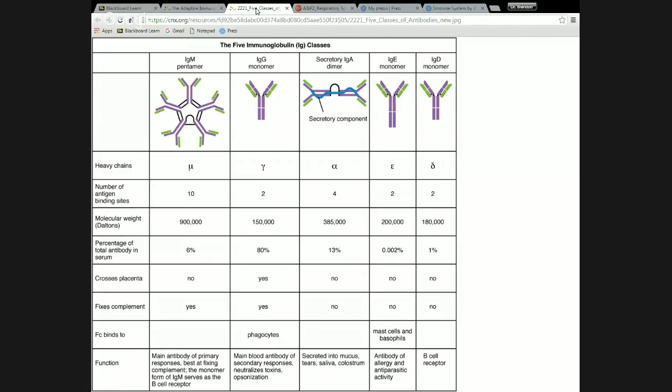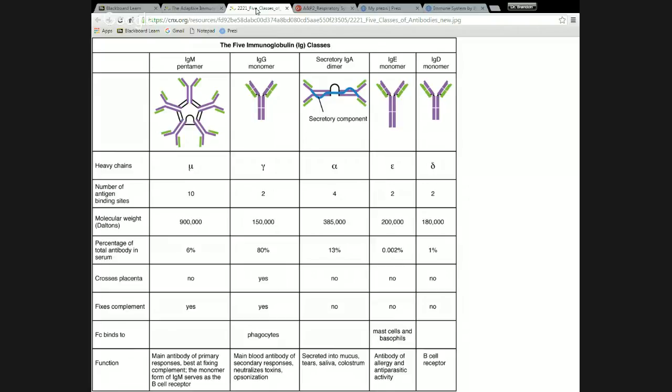The IgEs are similar. They're also antibody receptors on the surface of cells, just not on B cells that are making them, but rather they're secreted by plasma cells, and they work their way into the membrane of mast cells and basophils. Mast cells are the cells that release histamine that causes the inflammatory response.